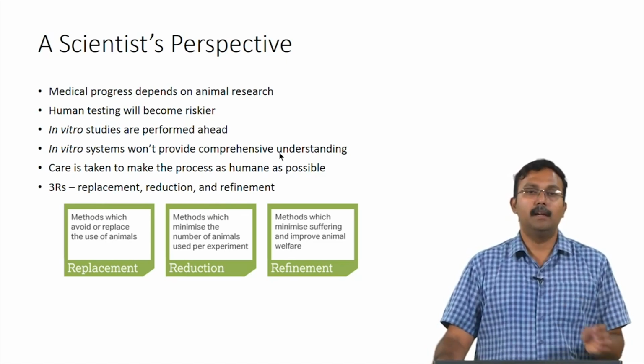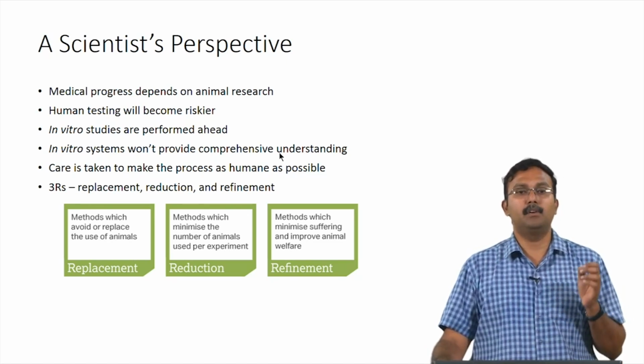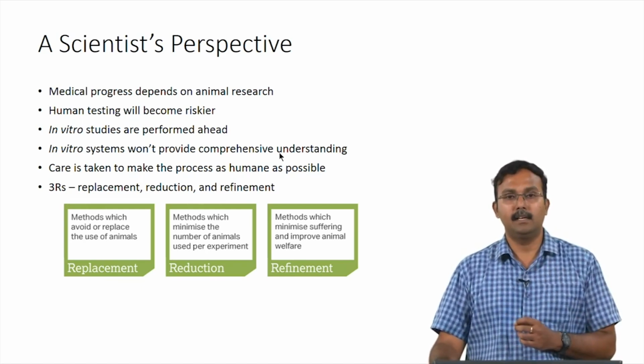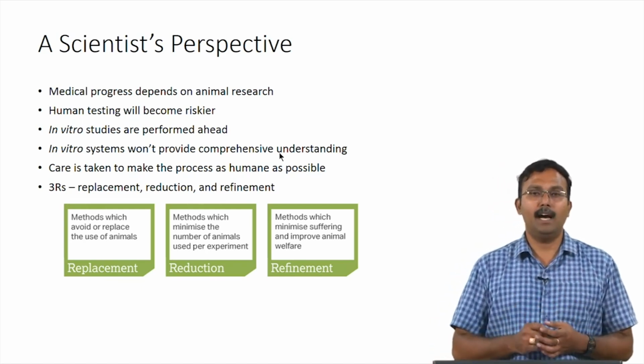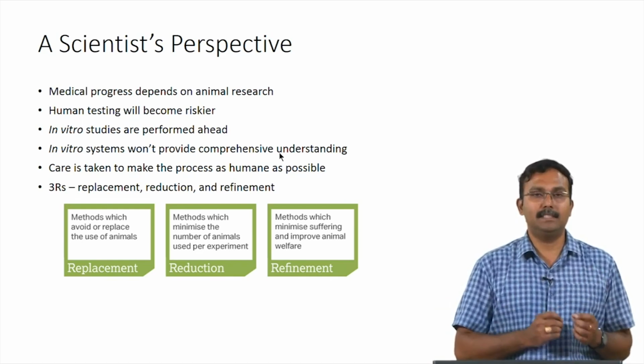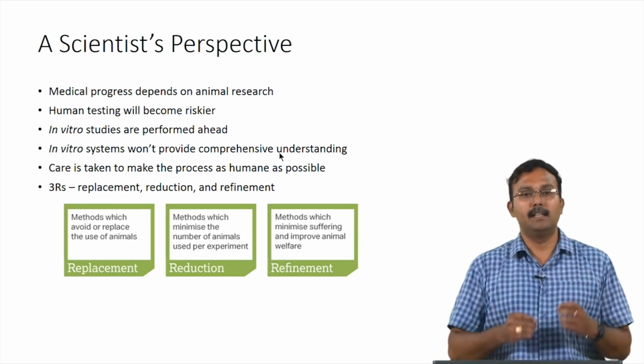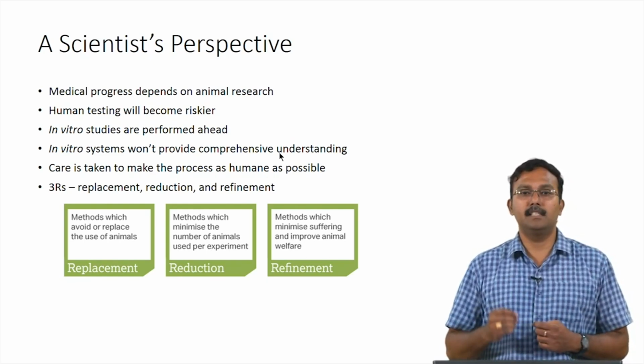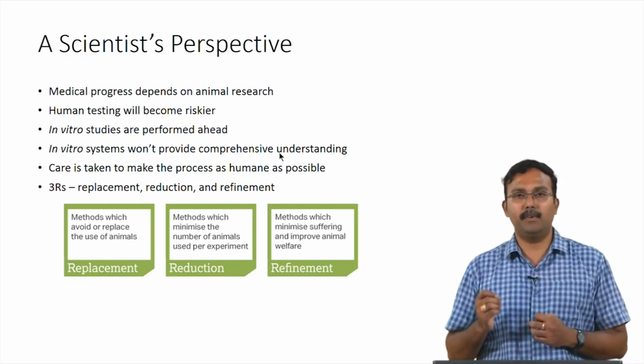Also, the 3 R's, the principles of replacement, reduction and refinement, are always looked at, which means if you have a way to test it without using animals, then that is what is first looked at. So, that is replacement. Reduction is where you minimize the number of animals.